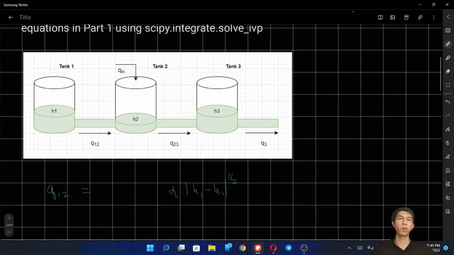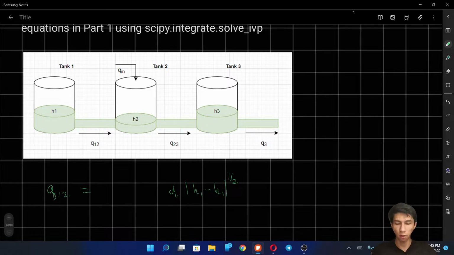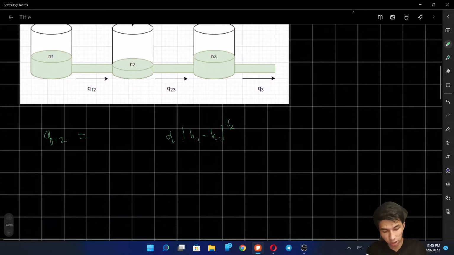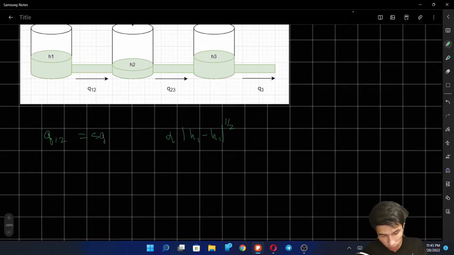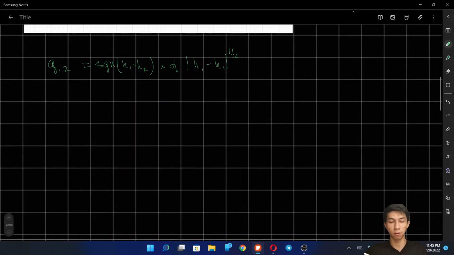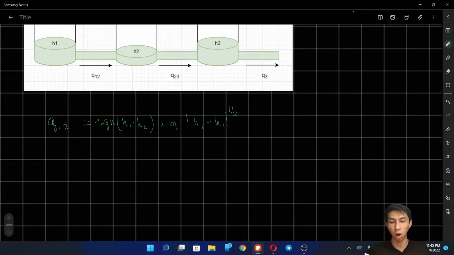But as we don't know the heights of our fluids, the flow can be going either way. So what we're going to include to represent that is our sign. The magnitude of this is going to change depending on which tank has the higher fluid height. So this is the flow between tanks 1 and 2.